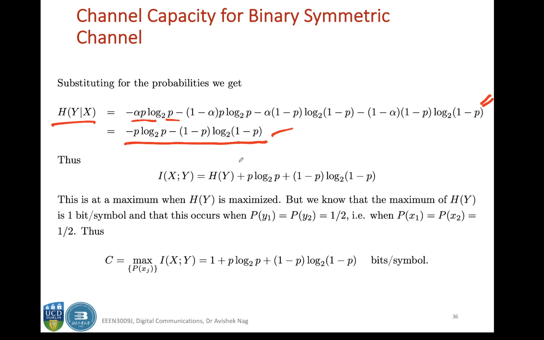Okay, so this is the H(Y given X). So my I(X;Y) is basically H(Y) minus this term. That means my I(X;Y) is H(Y) plus whatever we get here, p log2 p and (1 minus p) log2 (1 minus p). So this is basically independent of alpha.